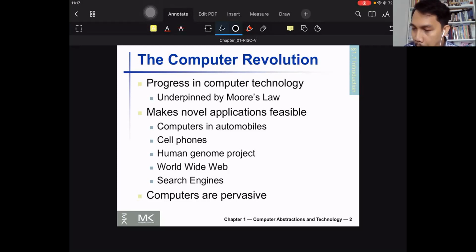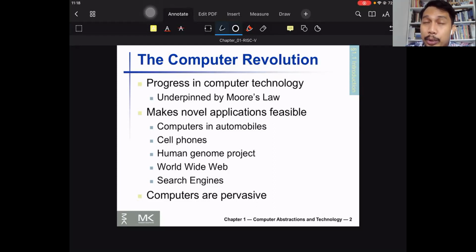So what really is a computer? The mobile phone could be considered a computer system.